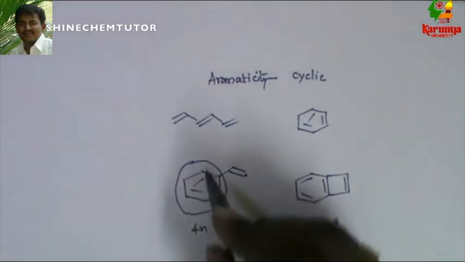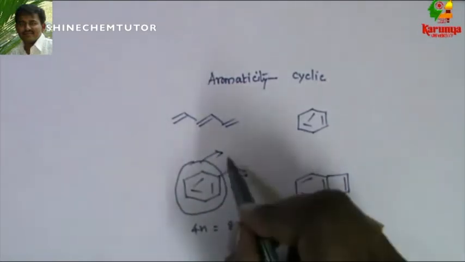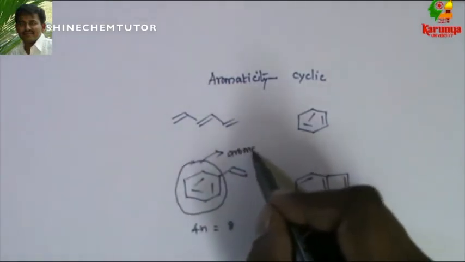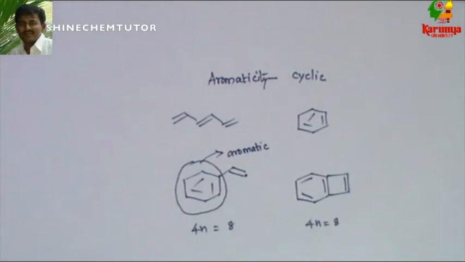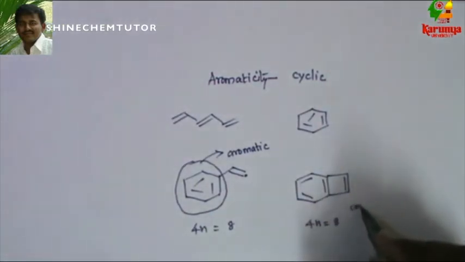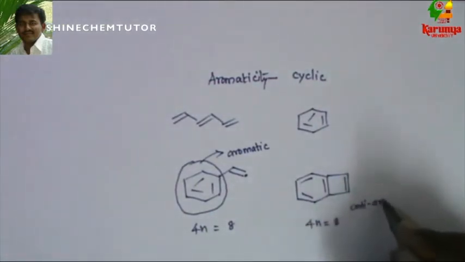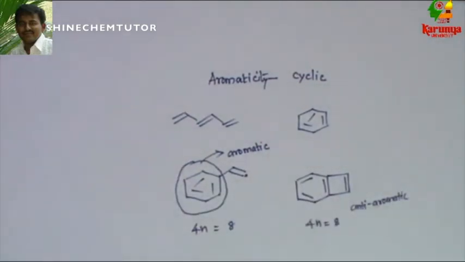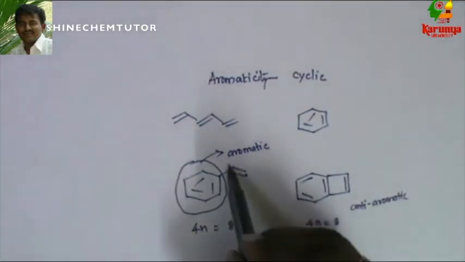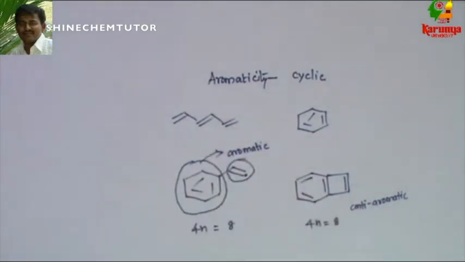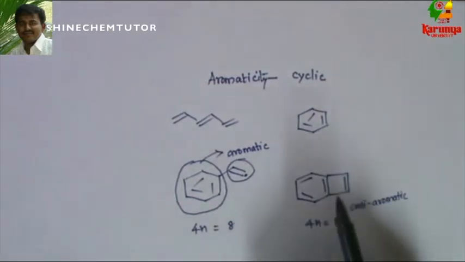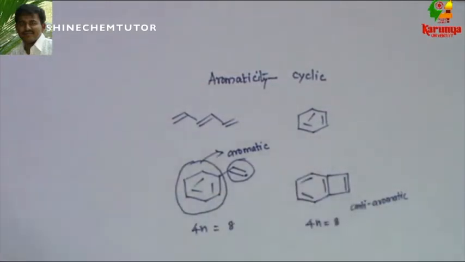But in this compound, this cyclic portion is aromatic. This one is anti-aromatic, because in this we didn't consider this double bond since it was in the side chain. In this case it is in the ring, so we have to consider this.